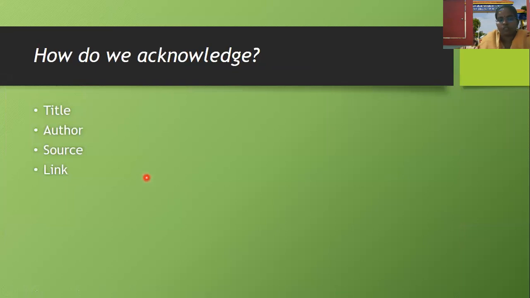When we use others' resources, we should acknowledge them. How do we acknowledge them? We should mention the title of the work, the author of the work, and the source of the work, with the link to that source.